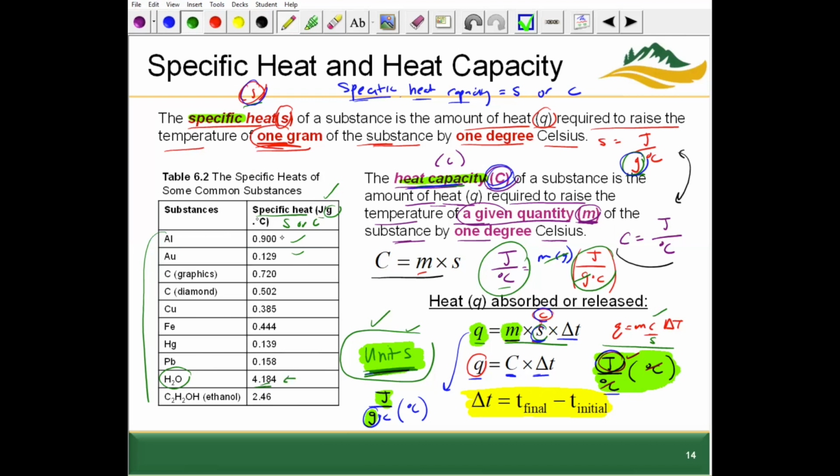So water is relatively higher even compared to some of these metals. Then mercury has a lower specific heat compared to iron, for example. So it just depends on the makeup of these different metals or different compounds. Water, again, has a relatively high heat capacity amongst a lot of materials.